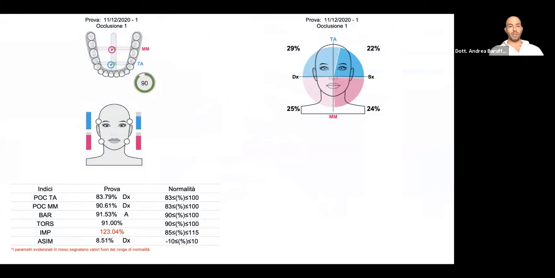Also in this case, look at the impact. It is over the range, but you have to consider that the patient started from an index value of 55. So this is a positive index for me, because it means that the patient began to use his muscles normally.